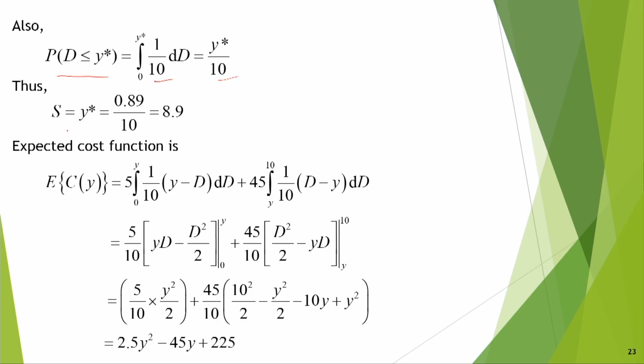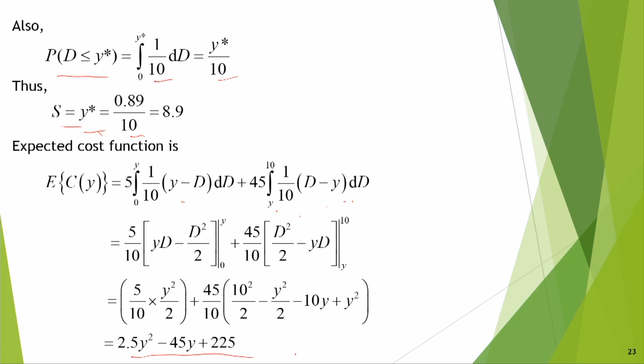Thus S is equal to y star is equal to 0.89 times 10, and this is 8.9, because this probability is 0.89. So, we put this one, and the expected cost function EC(y) is the integral from 0 to y of h(y minus D) times 1 by 10 dD, plus the penalty term.